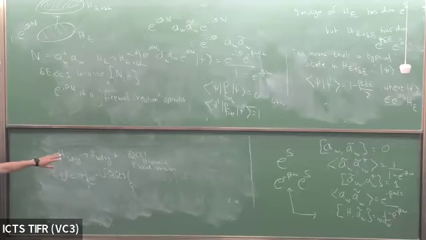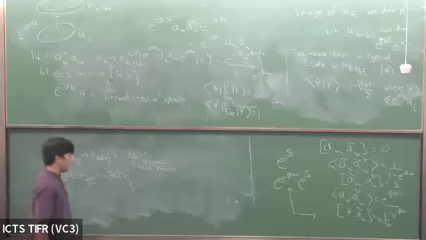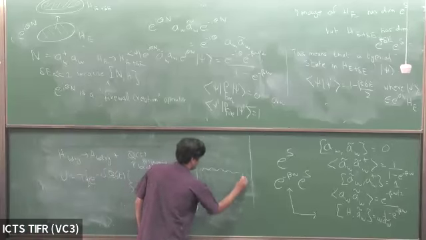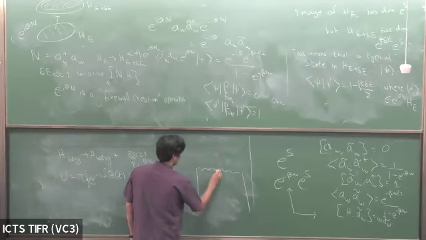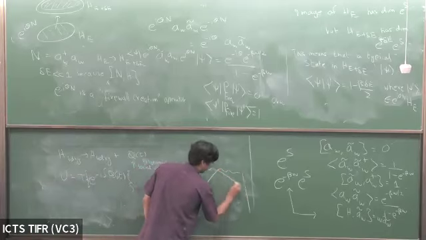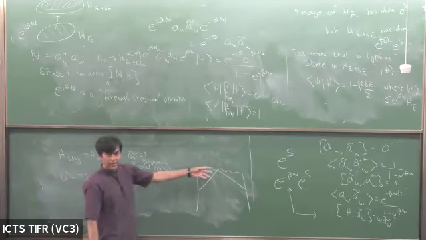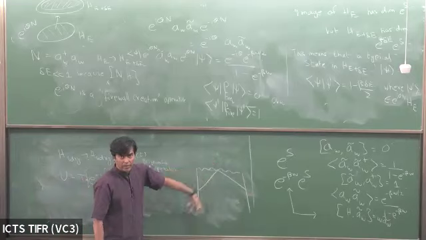Now you can check that, in addition, if I restrict myself to operators that I can measure in a single causal patch, this is what Ashok was asking yesterday, although Ashok is not here. A causal patch is where you take some point on the singularity and draw light rays outside.